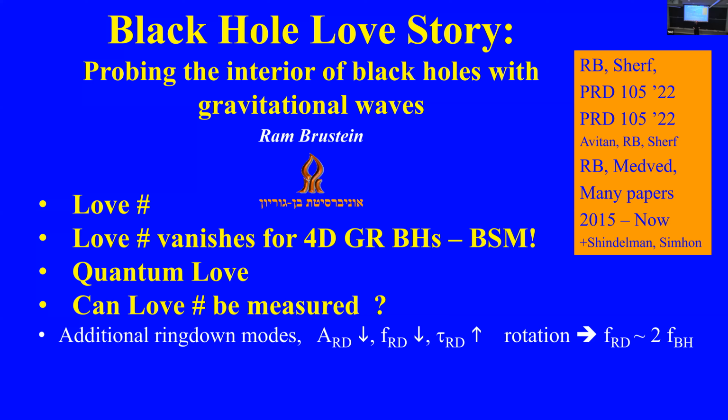So if I did the same thing for a neutron star, imagining that it's compact enough so that it's within its photon sphere, and mostly decoupled from the standard quadrupole, I would get a similar result. So the key is whether you have some internal excitation or not. And if you don't have an internal excitation, as the GR black hole does not, the love number will vanish. And what I showed here is that if you do have internal excitations, then the naturalness is restored.